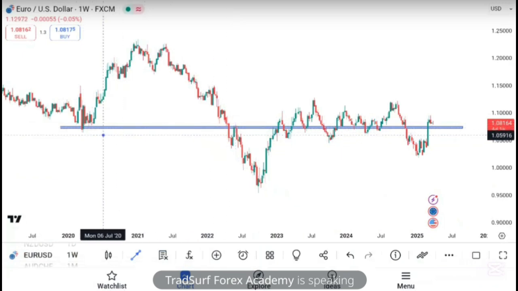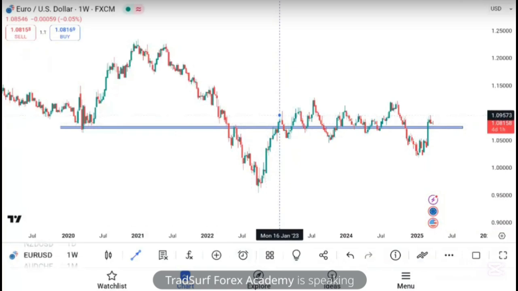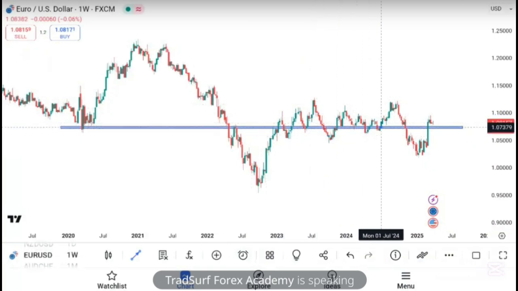This was a support level coming here to become a resistance level. Price came here and you see price was just struggling at this level, not even knowing what to do. It broke out, it broke above, came back again, broke below, went up again, tested here at this point, pushed up, came back. It was still testing, and now price is at this level again.